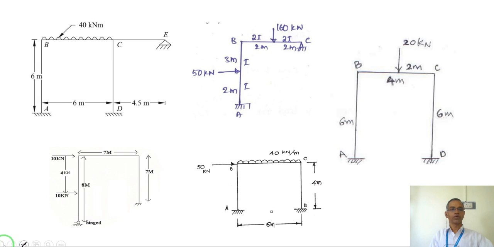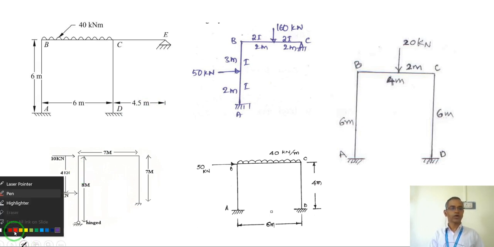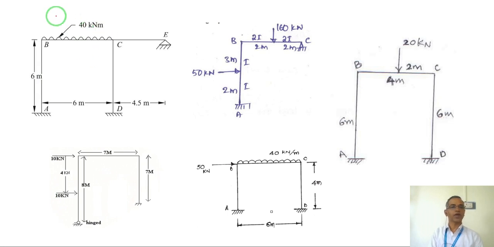Now we will look at identifying the degrees of freedom in each of these frames. Let us say this frame: at joint A, degrees of freedom 0 because no translation and no rotation.